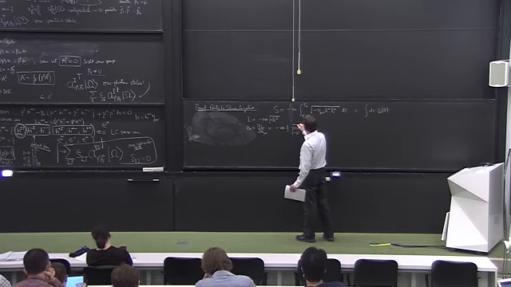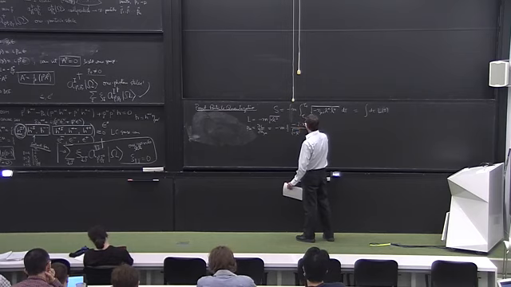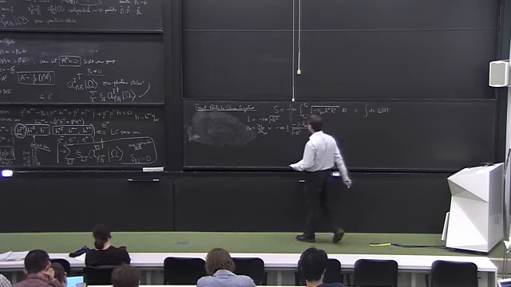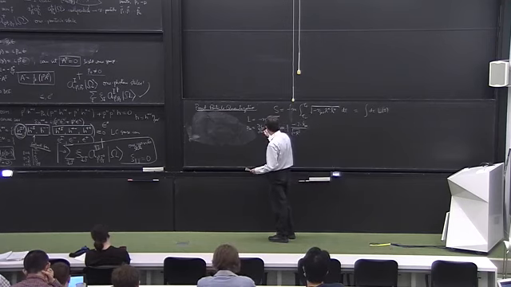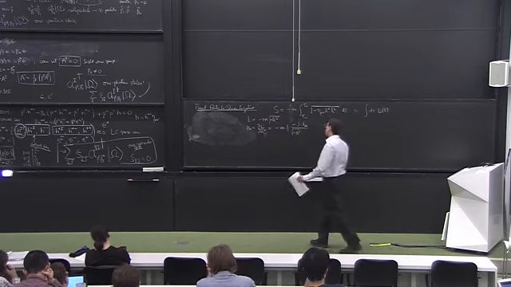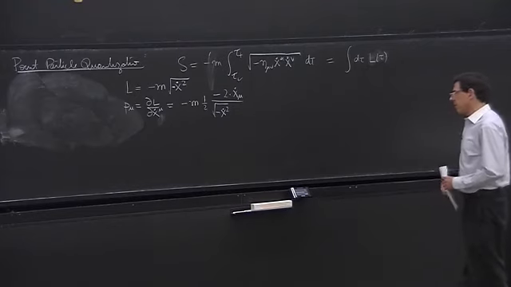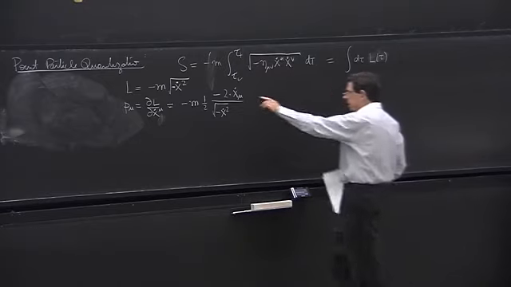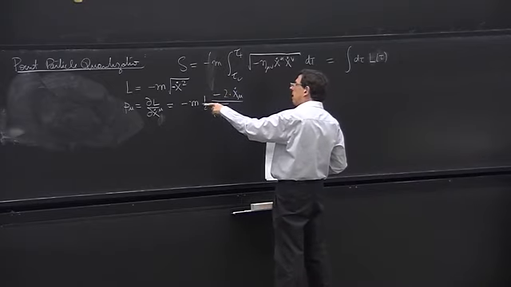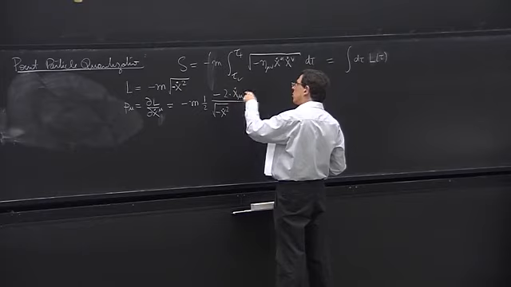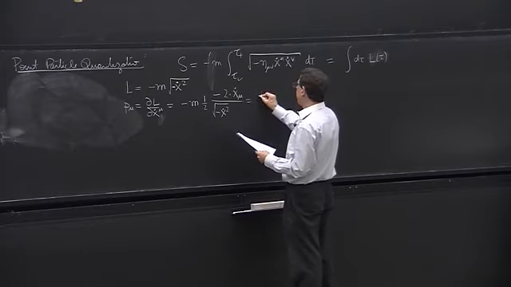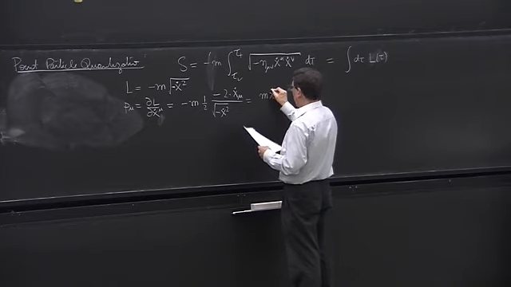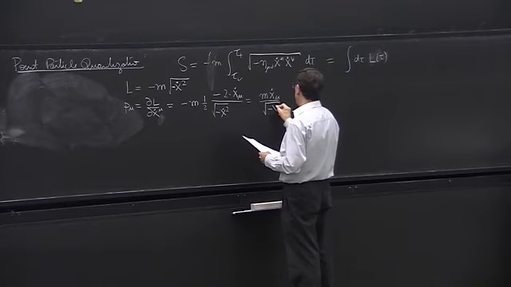And I'm sorry, here I should put x mu up. P mu with index down comes with this derivative x mu up. And then if I take the derivative, I get the square root, minus 2 times x mu down here. So I cancel all these factors, and I get m x mu dot over square root of minus x dot squared.